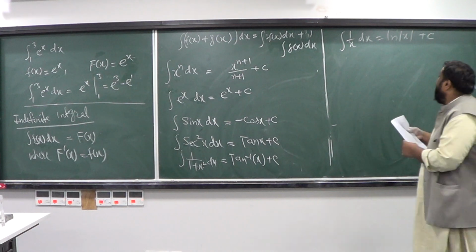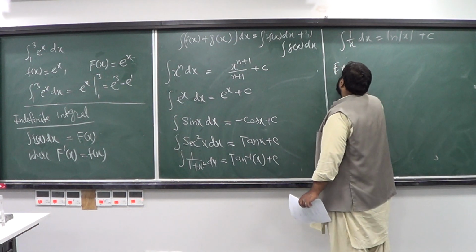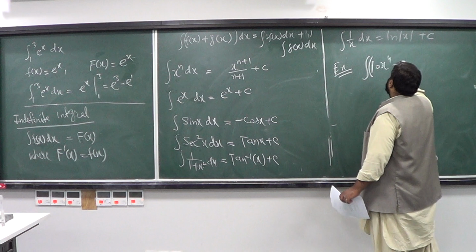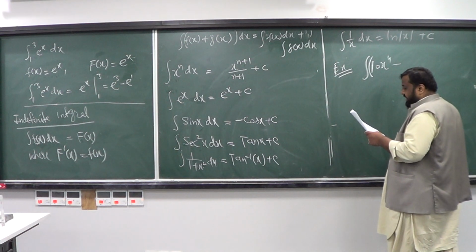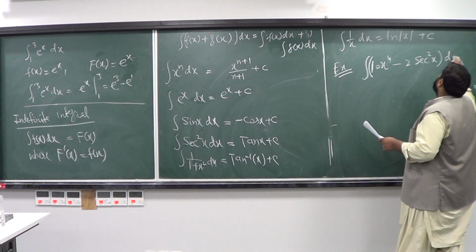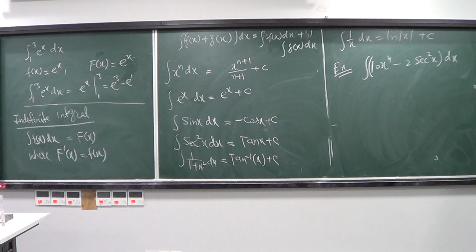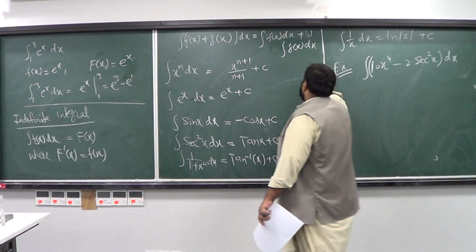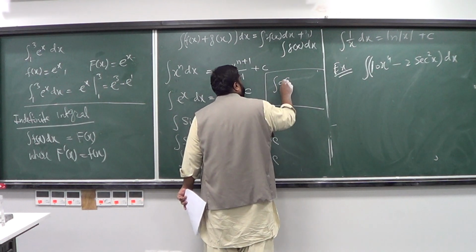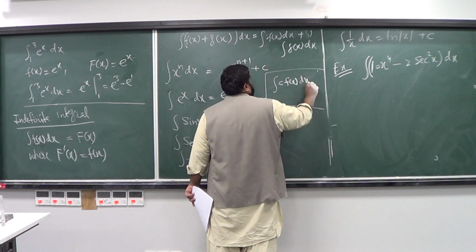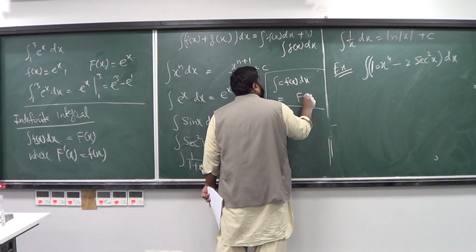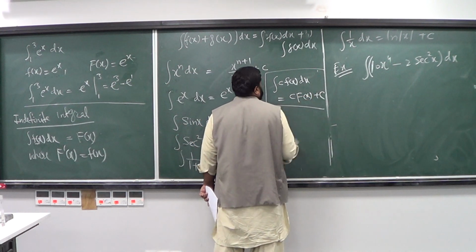Now, let's calculate, as an example, the antiderivative of 10x power 4 minus 2 secant square x dx. By the way, it is like the definite integral. There is also a property that if you have a constant multiplied by f of x dx, then its antiderivative is the constant multiplied by the antiderivative of f of x, plus the constant.